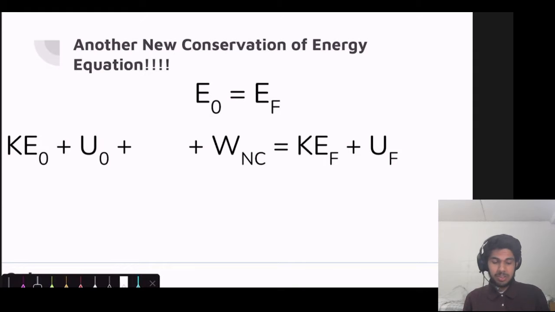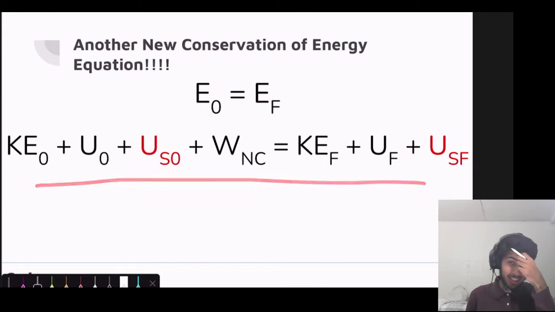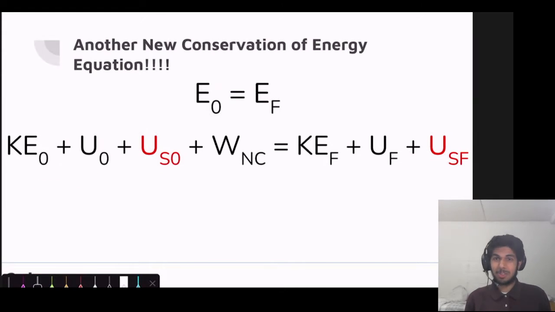But now we're introducing a new type of energy. The energy here is just the sum of its individual parts, so we have multiple different types of energy that compose this. So we just take the sum of them, and introduce these terms back into the equation. Now we have a supermassive equation for conservation of energy, and it'll be the one that we want to go to whenever we want to do a conservation of energy problem.